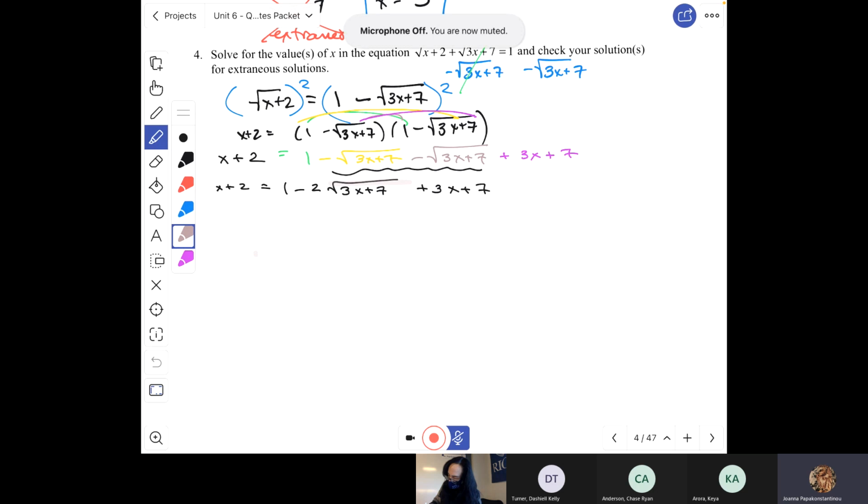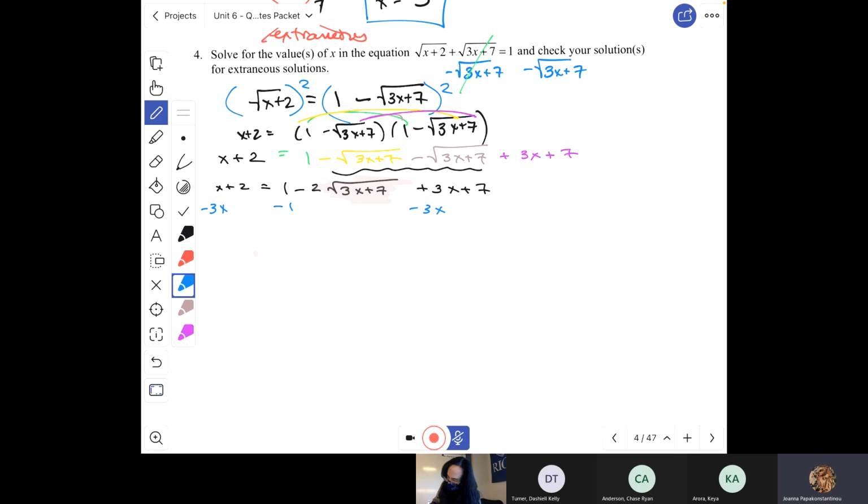Yes, I want to isolate this. So I technically need to move this to the left. I need to move this to the left side of the equation. Does that make sense? I want to isolate that radical expression. So I'm moving everything else to the other side of the equation and combining like terms. So I have x minus 3x, which gives me negative 2x, and then I have 2. And this is really ugly here, but sorry.